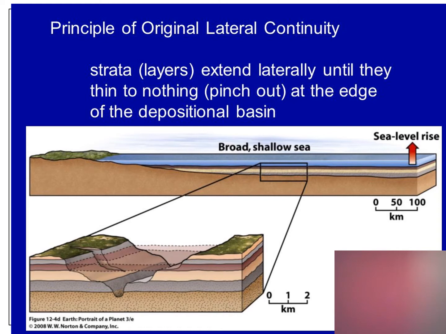And even though some of them might be missing, as you see right here, these were ocean floor rocks that are now exposed to the surface, and a river has downcut through the rock layers. So the rocks are going to be missing in here, but they are found from one side of the canyon to the other. So these rocks are said to have lateral continuity. All of these have lateral continuity.